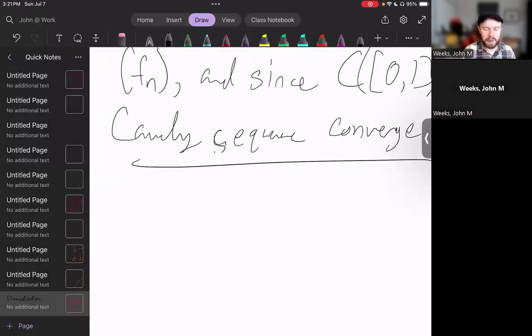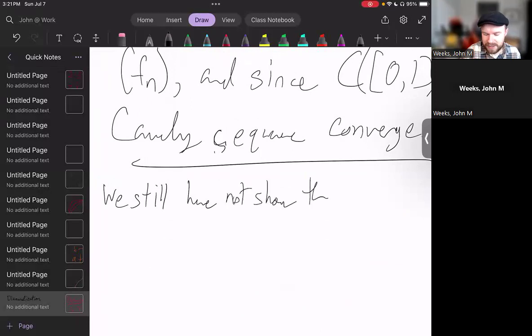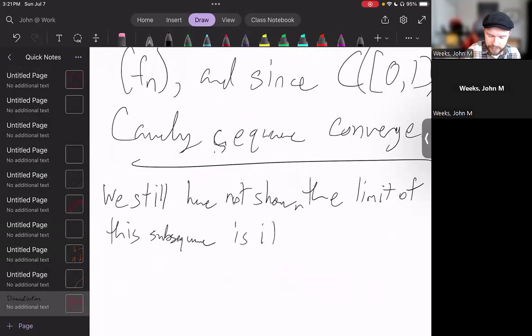The last thing that we would want to do, we still have not shown, is that the limit of this subsequence is itself in the set that we're working with.